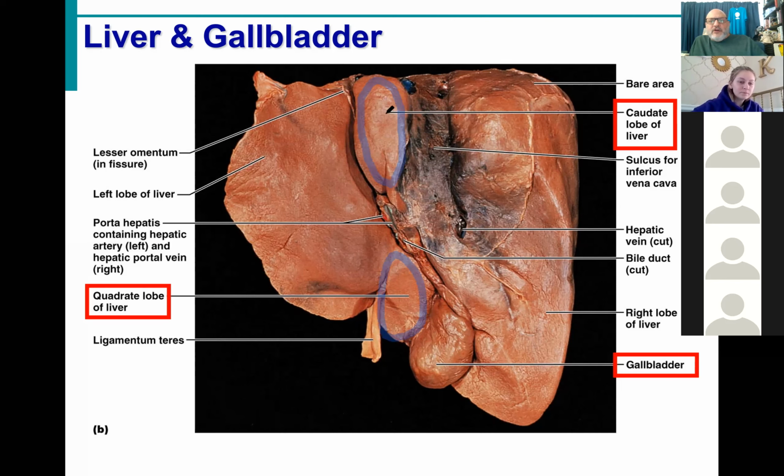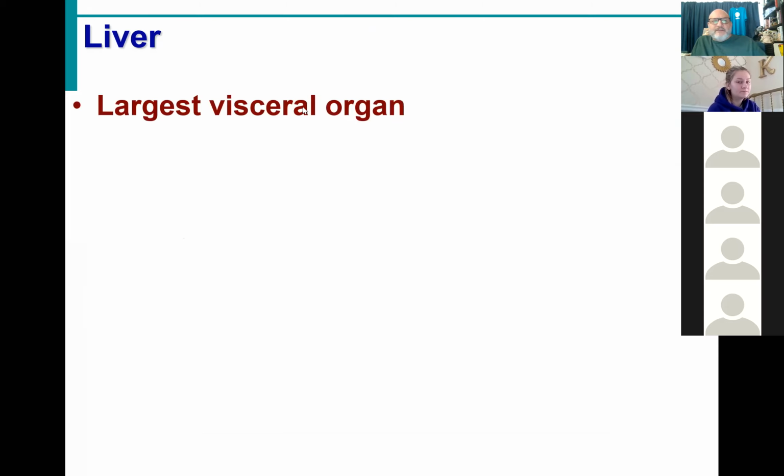Caudate comes before quadrate. Caudate is superior, quadrate is inferior. Right? And so here we see that posterior view. And of course, this over here is that smaller left lobe, and this over here is the larger right lobe. So we have this nice, very simple, basic, gross anatomy to our liver.